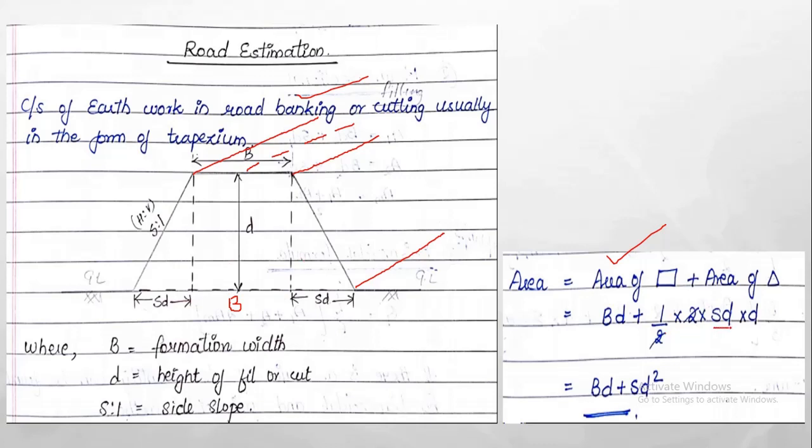This is the base and this is the altitude. This is the area of the two triangles, and this is the area of the rectangle. Combining together, we get that the area of the trapezium will be BD plus SD square. This is a very important formula. You will need this formula for calculating the quantities.